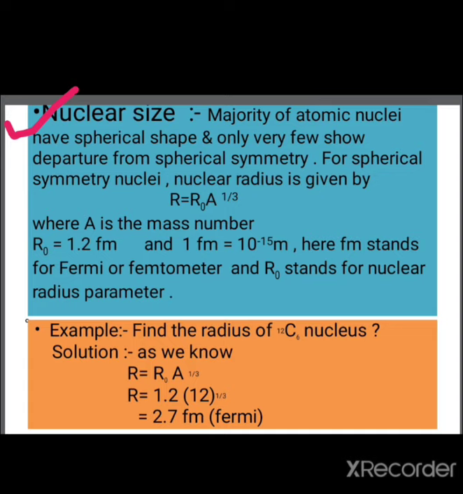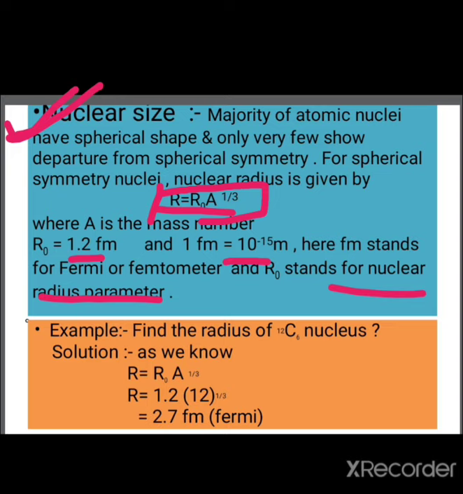I have discussed in detail how to derive this formula in the previous video, that comes out to be R equals R naught A raised to power 1 by 3, where A is the mass number and R naught is the constant of proportionality, or nuclear radius parameter, and R naught equals 1.2 fm, and 1 fm equals 10 raised to power minus 15 meter, where fm represents the Fermi or femtometer.